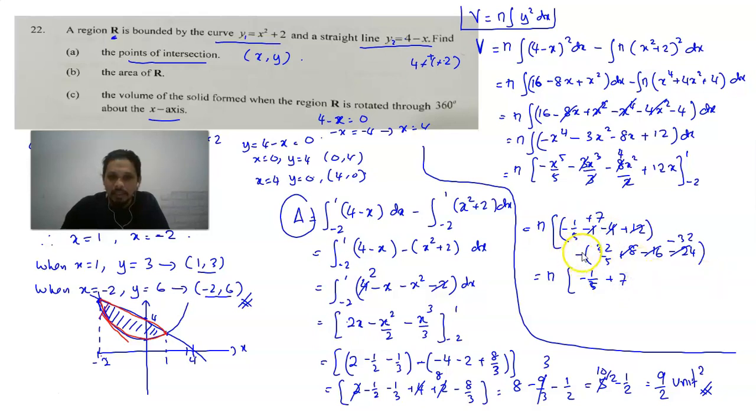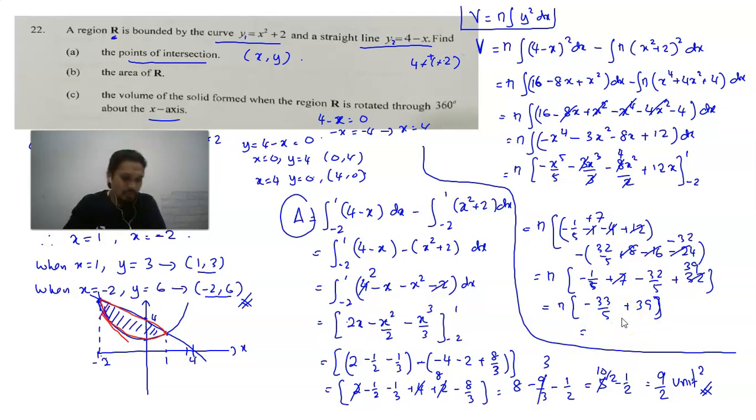Okay, negative times this one here, minus 32 over 5. Negative times negative, positive 32. Okay, so 32 plus 7, which is 39. Negative 32 over 5 minus 1 over 5 is negative 33 over 5, plus 39.